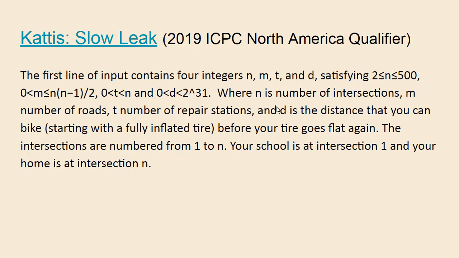Which locations are repair stations is specified in the input, and D is the initial distance that you can ride. So if you start on a fully inflated tire, how long can you go. That's the problem parameters. Essentially N is 500. That roughly means that an N cubed algorithm would be acceptable, assuming that the constant is not very high.